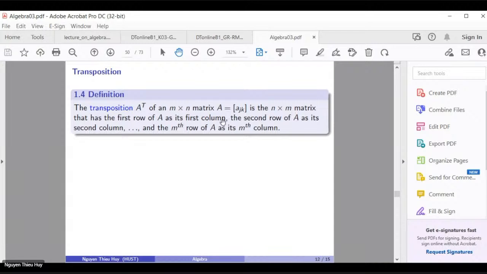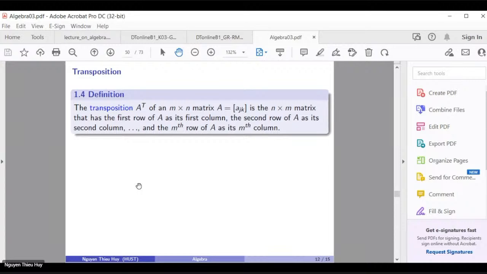AT has the first row of A as its first column, the second row of A as its second column, and the m-th row of A as its m-th column. This means we write rows of A as columns, then you obtain AT.